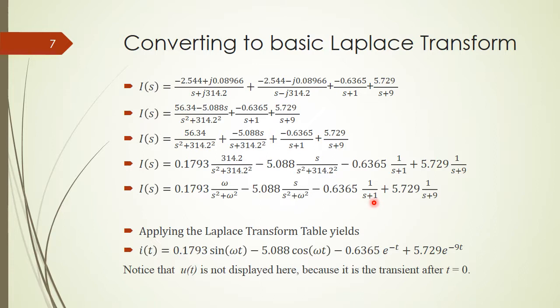The term 1 over s plus 1 will become exponential of minus 1 times t, and the term 1 over s plus 9 will become exponential of minus 9 times t. The rest will remain the same. Notice that the step function u(t) is not displayed here because it is the transient after t equals 0.